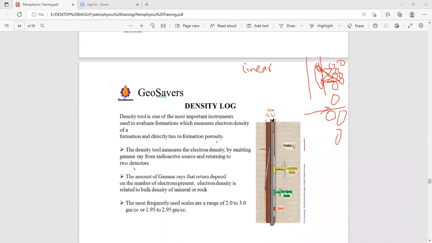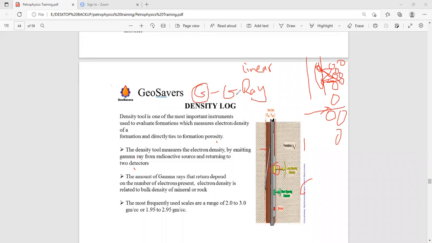For the density log, there is a source that emits gamma ray. This gamma ray interacts with the formation. As it interacts with the formation, part of it is deflected. Those that are deflected are then measured at the receiver.